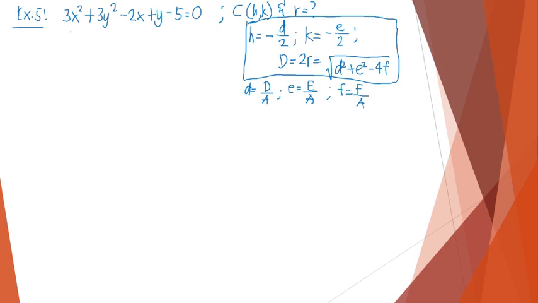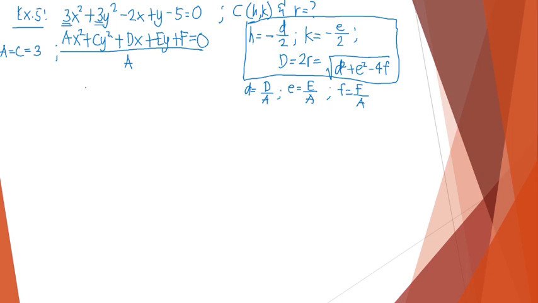The same with this, the equation is ax squared plus cy squared plus dx plus ey plus f is equal to 0. Since we have this value 3 here, we will divide everything by 3, or a. From our general equation, a is equal to c, which is equal to 3.